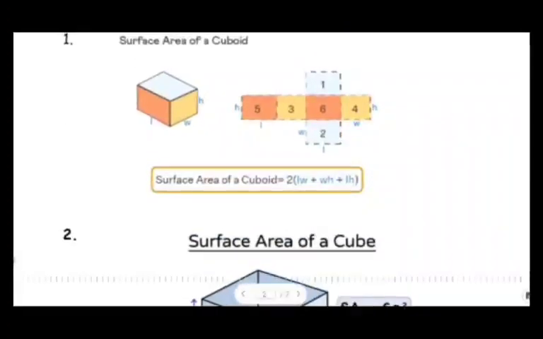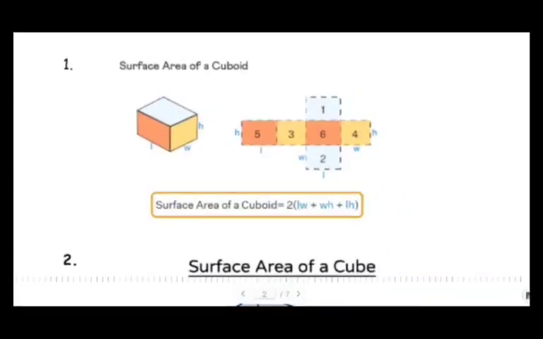So come on. We've learned the surface area of a cuboid, which is twice length into breadth plus breadth into height and length into height. Now, volume of a cuboid is length into breadth into height.